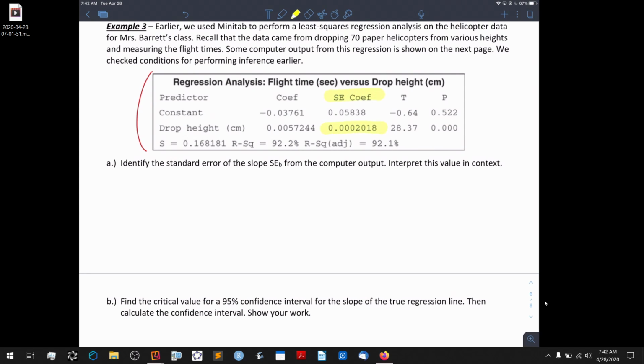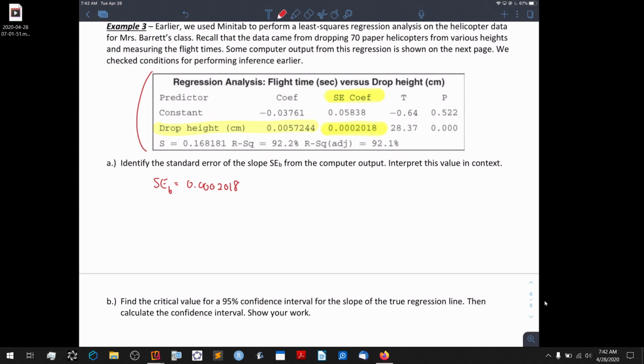Okay, so first of all, here's the slope, and they're saying here's the standard error of that statistic. So there it is. Okay, so SE sub b is 0.00020018, and then it says interpret that in context.